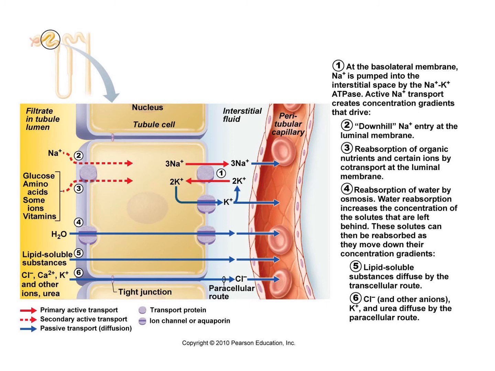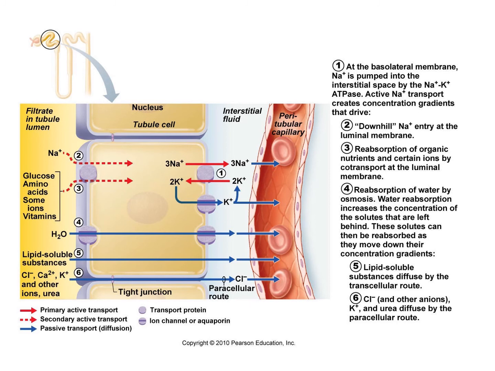How does H2O get reabsorbed? It can get reabsorbed via osmosis, or it can be reabsorbed through its own channels, as you can see here. Water reabsorption does increase the concentration of the solutes that are left in the tubule filtrate. So then these solutes can be reabsorbed as they move down their concentration gradients.